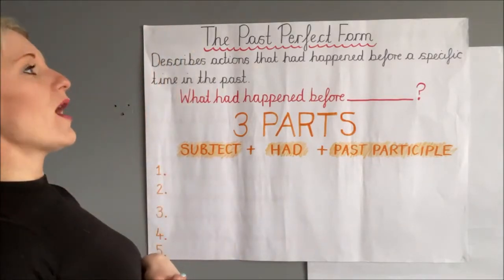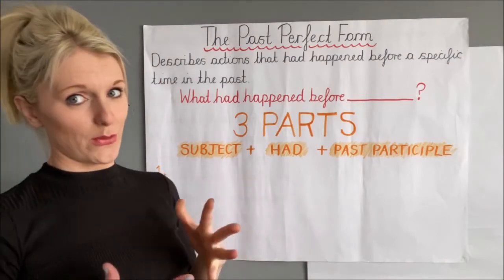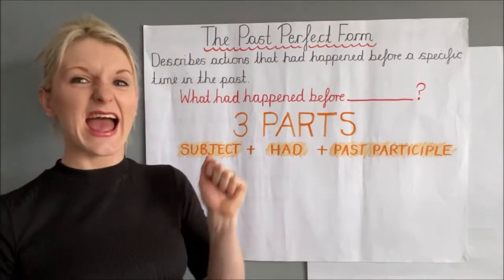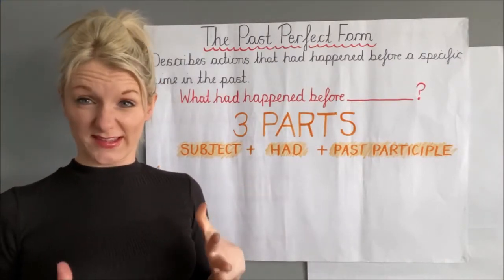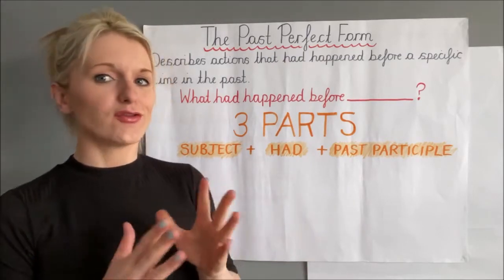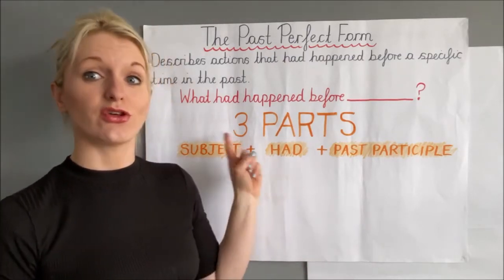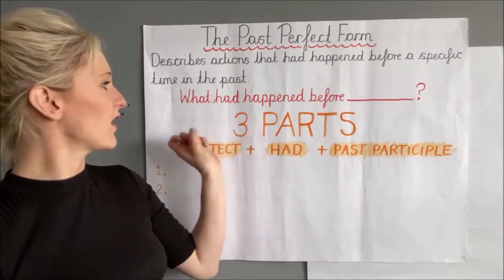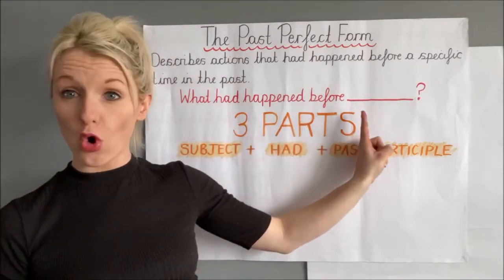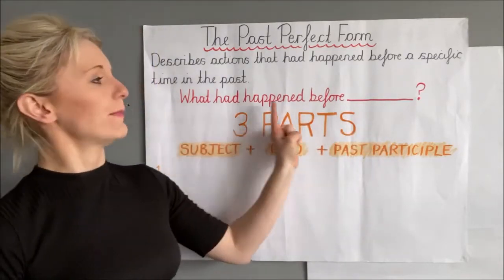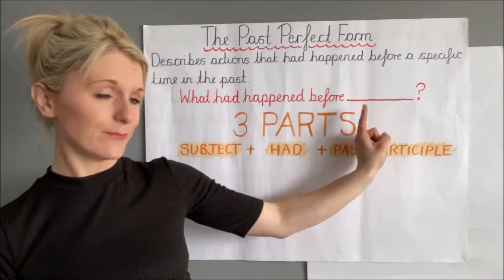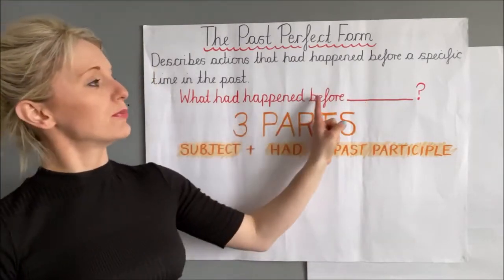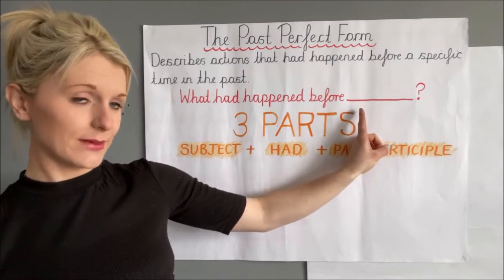Okay, so the past perfect form, when do we use it? Well, it describes actions that had happened before a specific time in the past. So they're the sorts of things you would say that could answer a question like this: what had happened before? It could be, what had happened before 6 o'clock yesterday? What had happened before you had your breakfast yesterday?